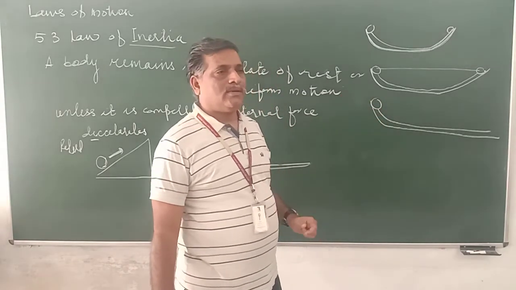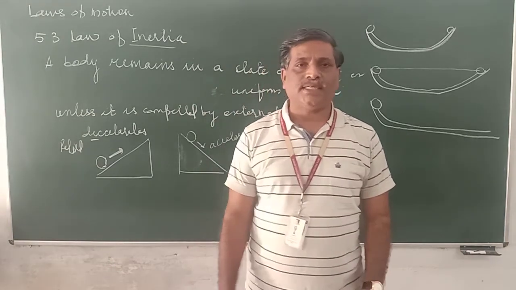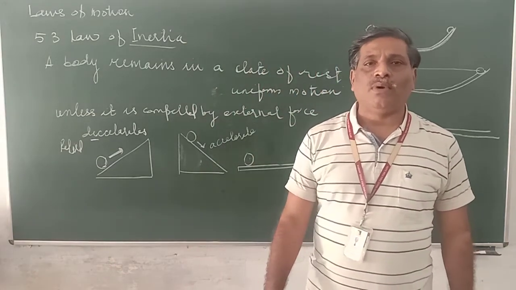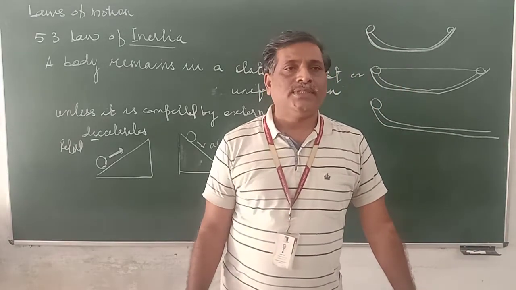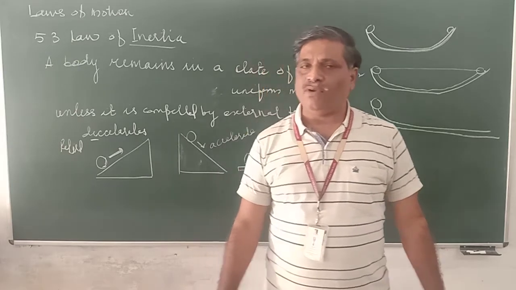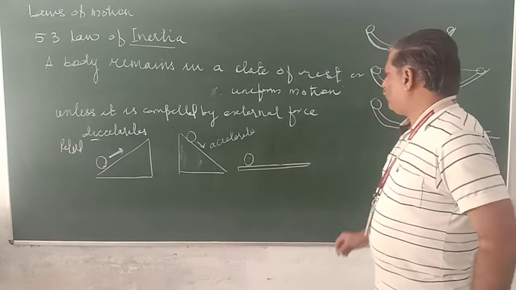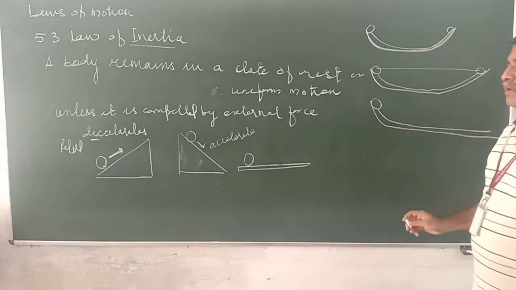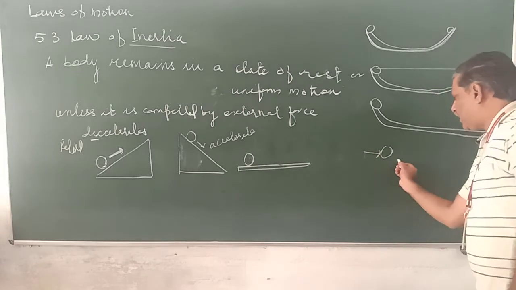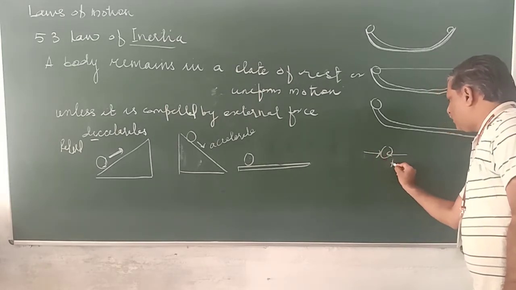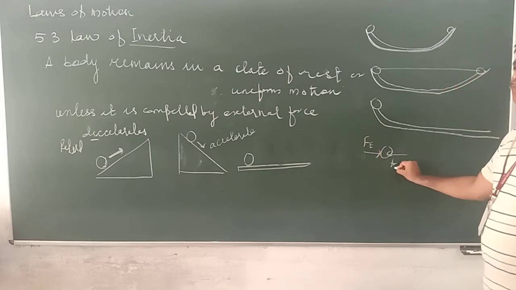It means that whatever external force is supplied to an object is used to overcome the frictional force. To make an object move with a uniform velocity, external force is not required. For example, here the body is moving. There is an external force F external and there is a frictional force.